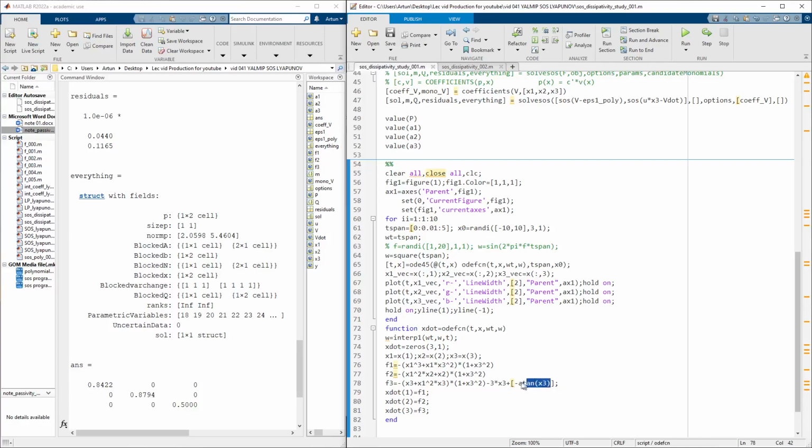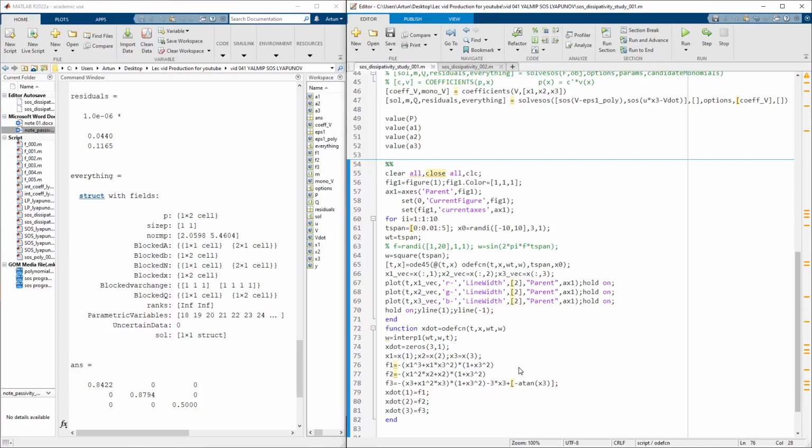The arctangent function is our passive memoryless static function. And x3 is the output of this dynamical system. We get this output, put it in a passive memoryless function, and then multiply with or negate it, and then supply it as an input to our original nonlinear dynamical system.